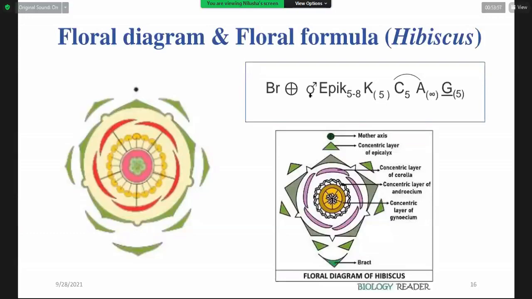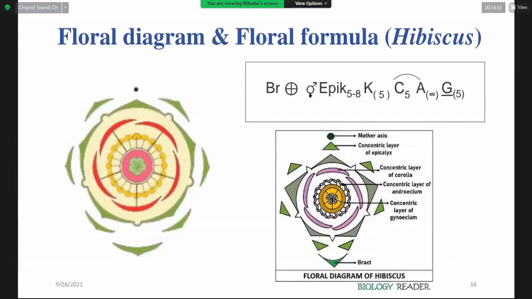There are 5 carpels, and these carpels are fused to form 5 different locules, and each locule contains ovules. Also in the second picture, you can see the axile placentation. The ovary is superior, and there are five carpels in syncarpous condition, so we write five within the bracket. Is it okay to all?